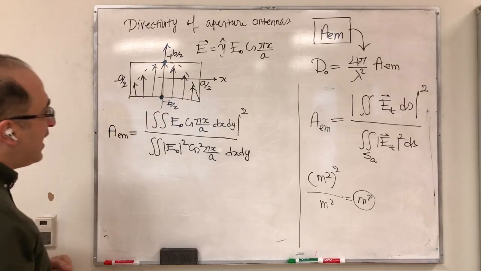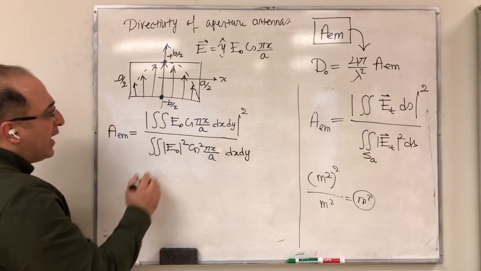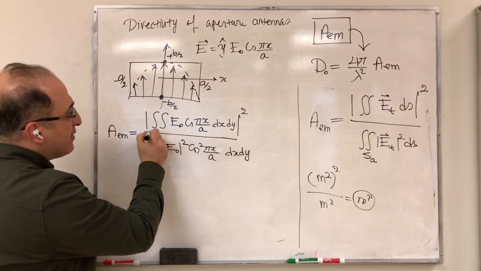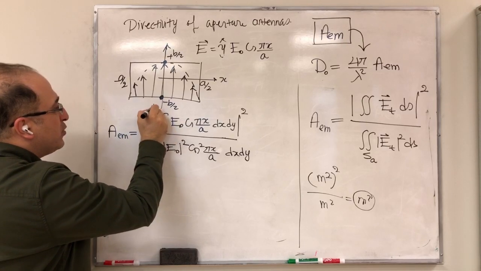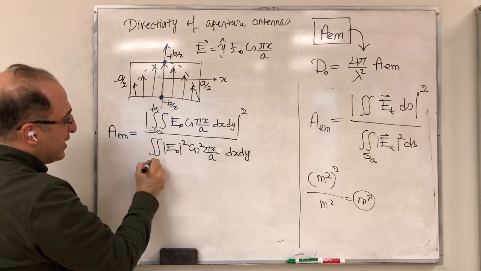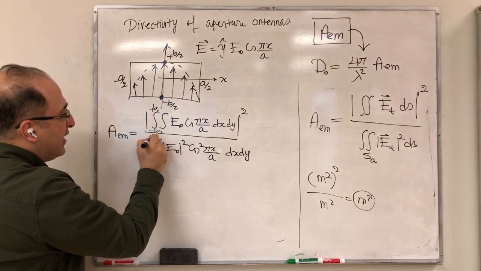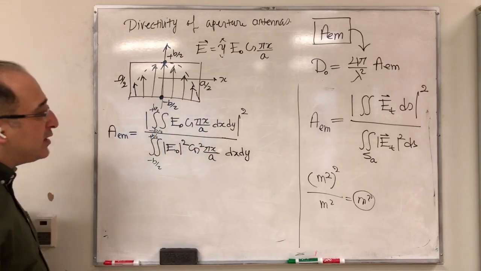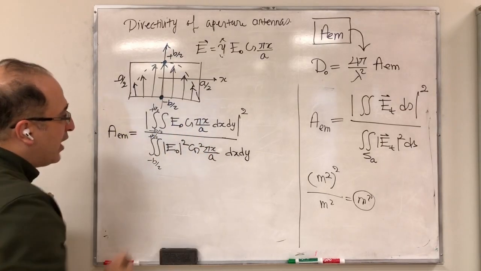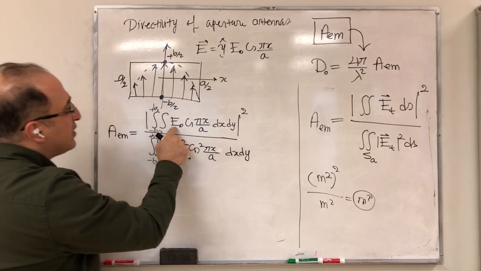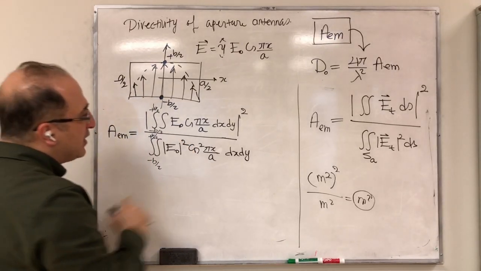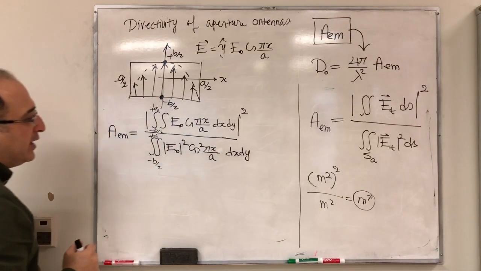So if I have that, now you see that my integration over y is, of course, from minus B divided by 2 to B divided by 2, the same thing here. But the integrand in both cases does not depend on y, so I can just take it out of the integration. Also this E naught I can take out of the integration because that also is a constant.